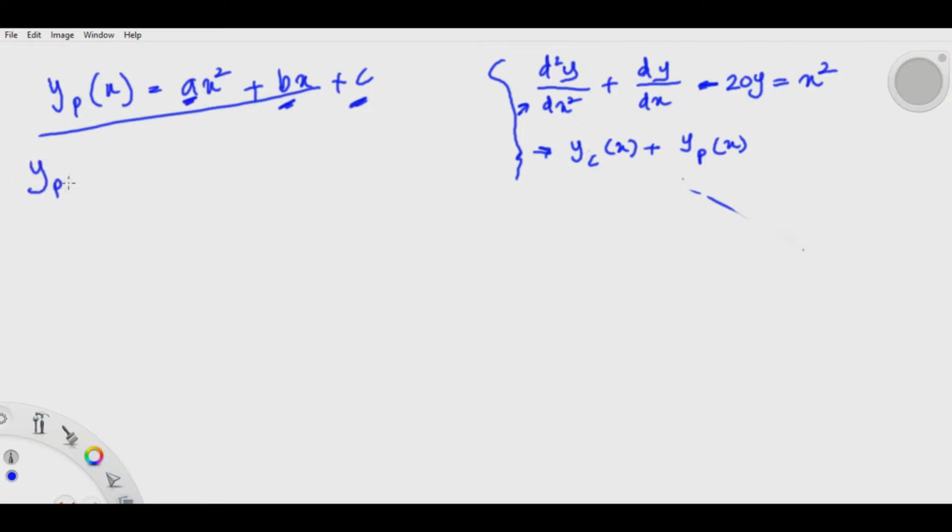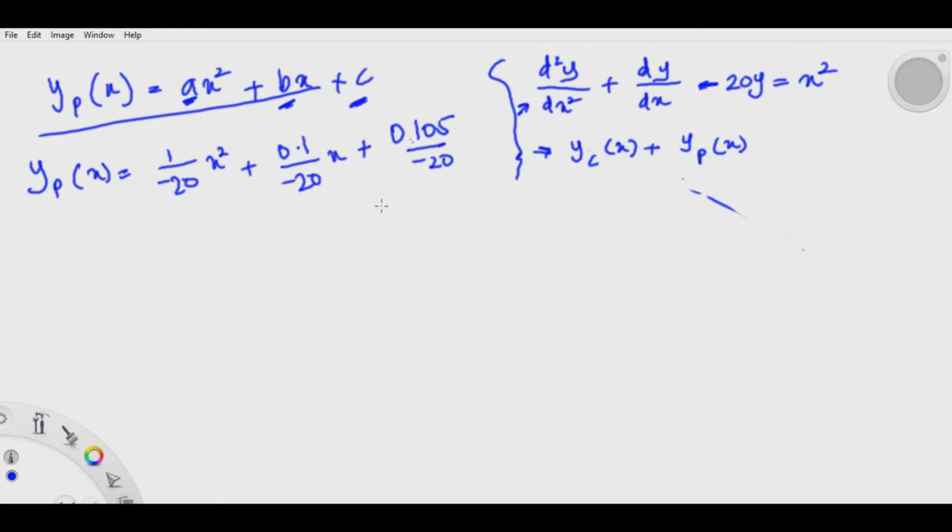We know that y_p of x equals a, which was 1 over negative 20 x squared, plus b, which was 0.1 over negative 20 x, plus c, which we knew to be 0.105 over negative 20, if I'm not mistaken, and I'll double check right now. Love making silly mistakes. They're not mistakes, they're tests, but no one's here to make note of them, so yeah, that's right.